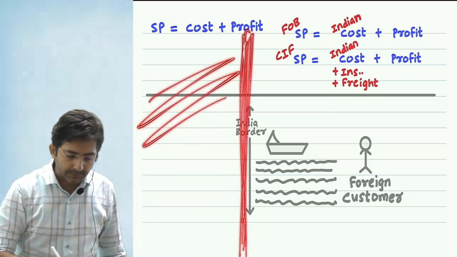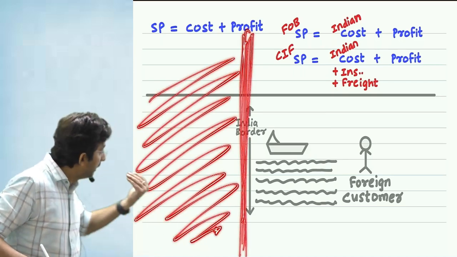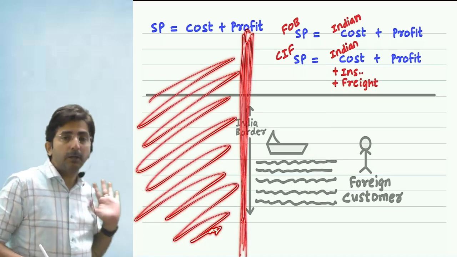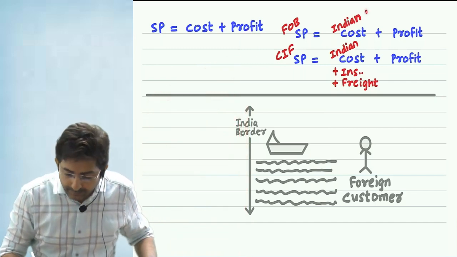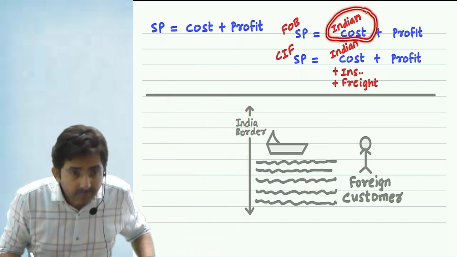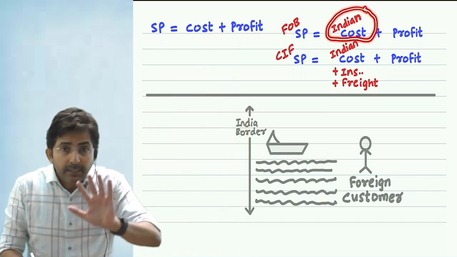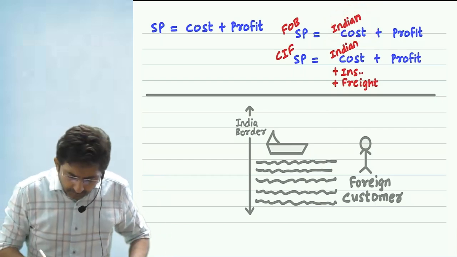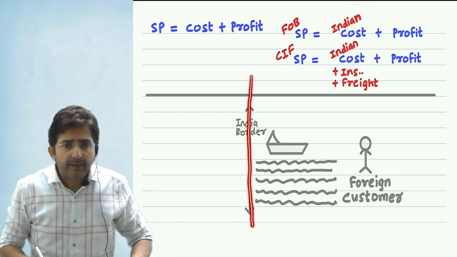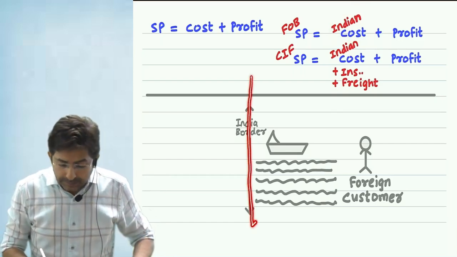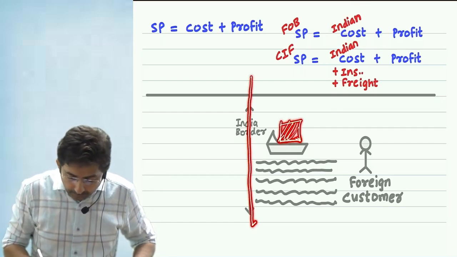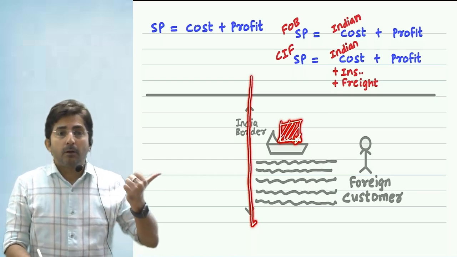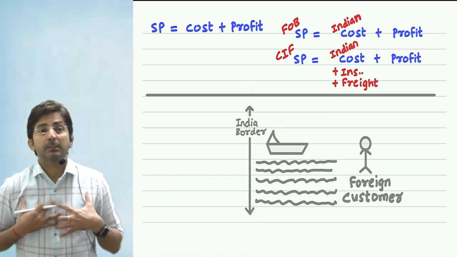Every expense which I incur within the boundary of India, that is only my cost. That's what I have written here as Indian cost. Did you see? Indian cost means all the cost incurred by the businessman till the boundary of India, or you can say precisely till the consignment boards the ship. Only those expenses are my responsibility.